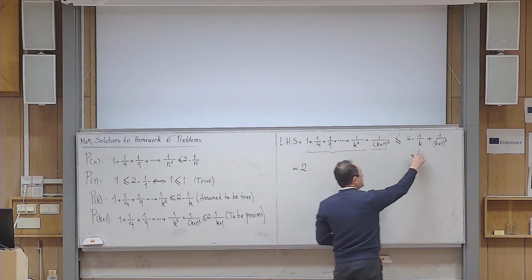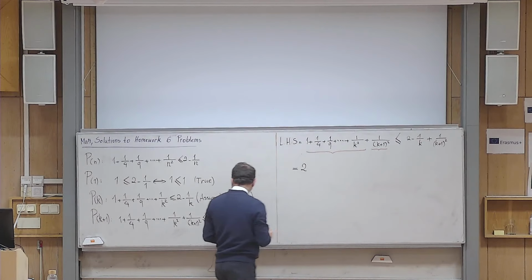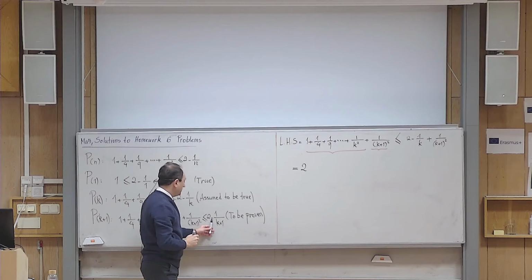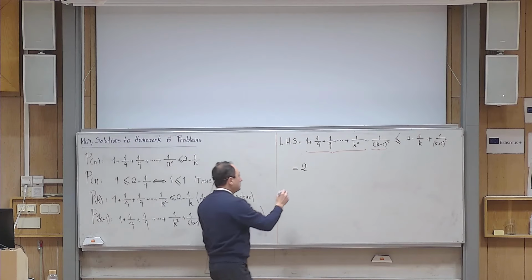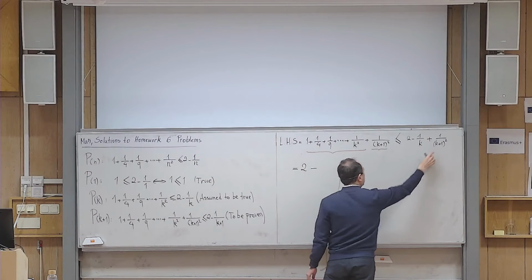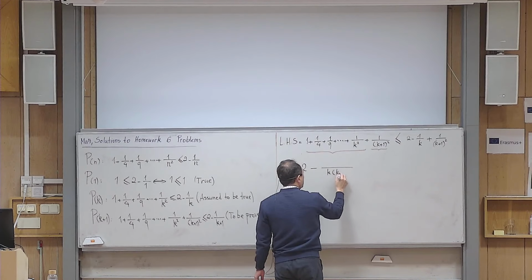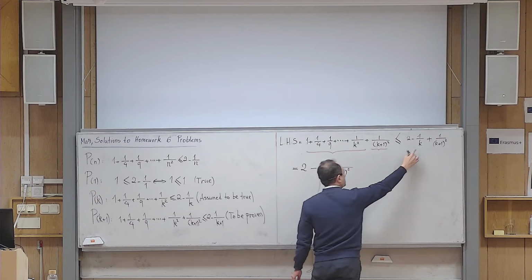But between these two, I take the common denominator, and because I need a minus sign probably here, I will pull the minus sign out, so this becomes positive, this becomes negative, and then I take the common denominator. The LCD is k times k plus 1 squared. Compare this one with this denominator.